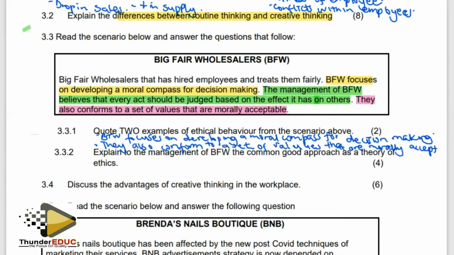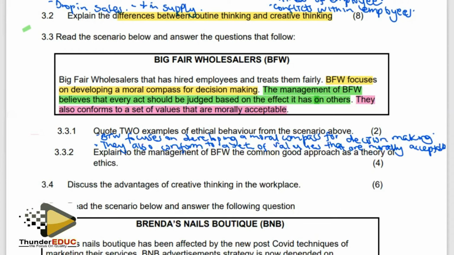Just to remind you what ethics are. Ethics are a set of values that are morally acceptable in the community. Yes, that is what we call ethics. Besides that, ethics act as a moral compass for decision making.